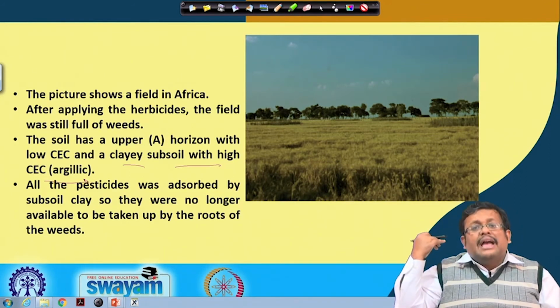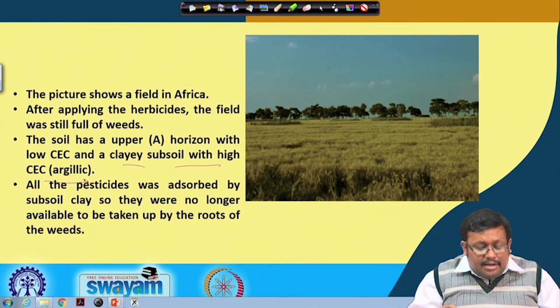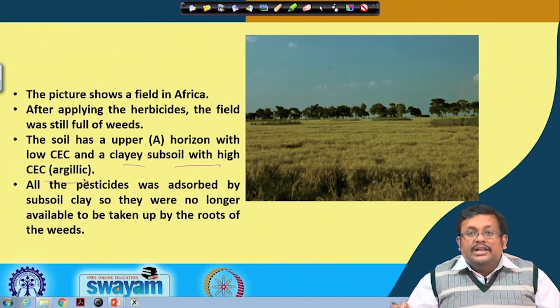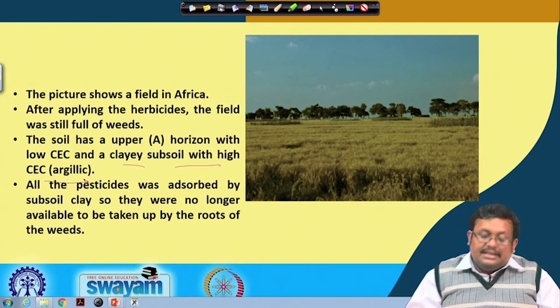When they applied the pesticides, all were adsorbed by the subsoil clay, so they are no longer available to be taken up by the roots of the weeds. As a result, the weeds continue to grow there. That also shows the importance of sorption of different organic pesticides by clay and other components present in the soil.